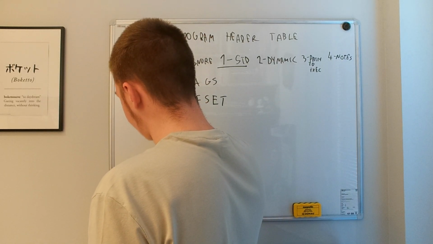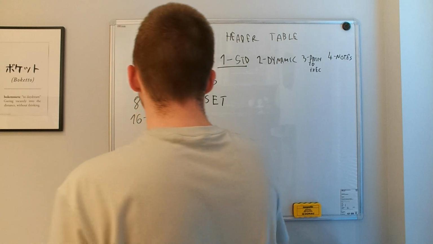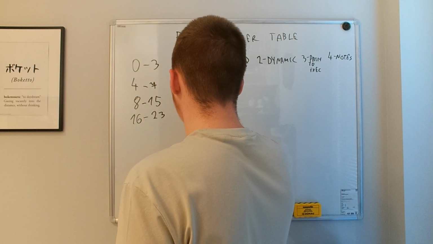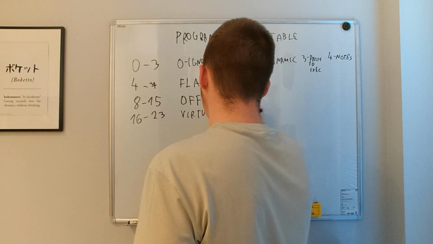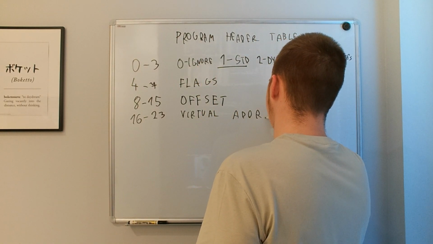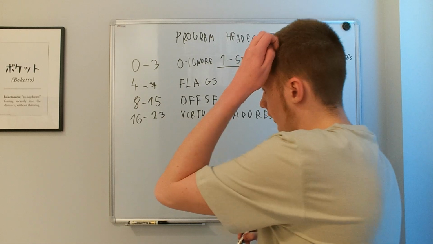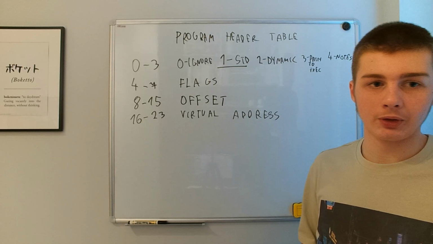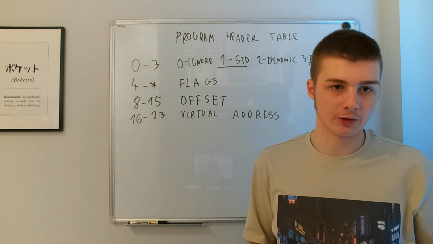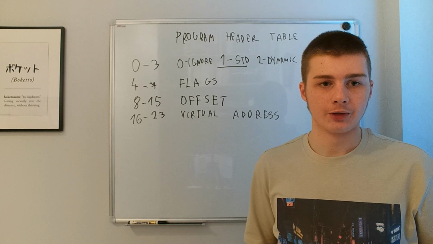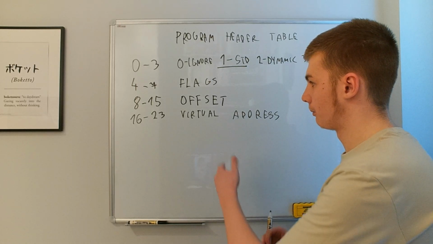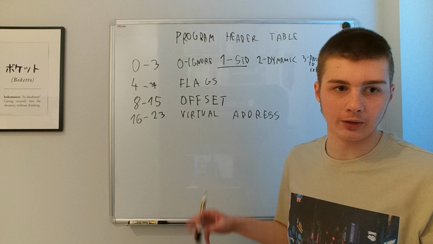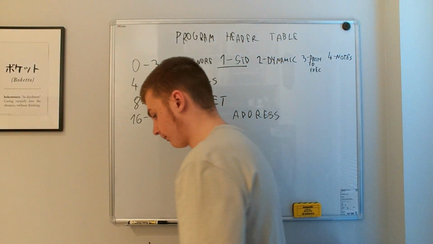Then 16 to 23 stores the virtual address that this is supposed to be loaded in, right? And we're currently in virtual address space because we set up paging. So this is good. Now we can properly say that we are indeed loading it into a virtual memory address.